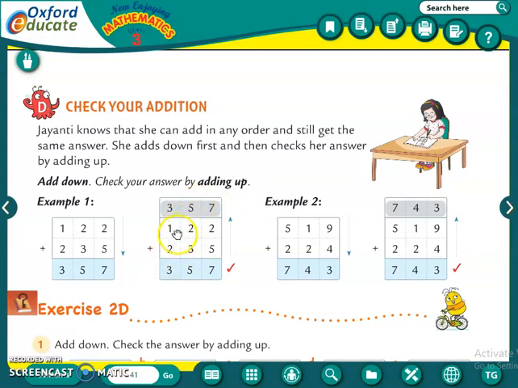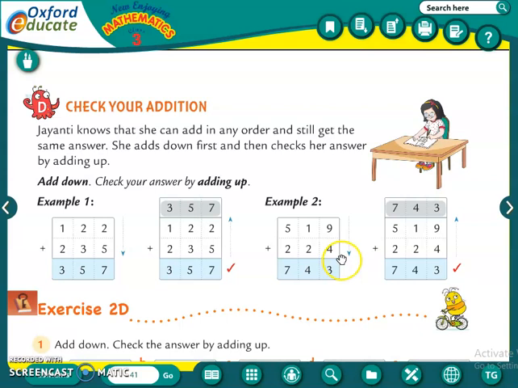Then 2 plus 1 is equal to 3. So whenever we are doing addition, we are adding down. Afterwards, if we want to check our addition, we will add up. So both answers will be the same. Same here, second example, 519 plus 224.